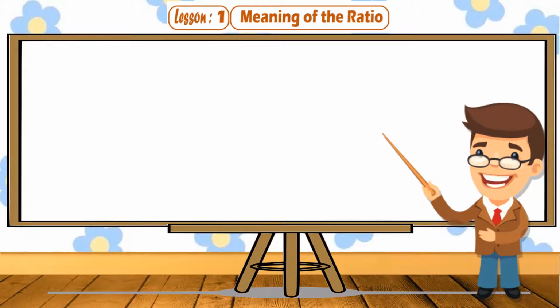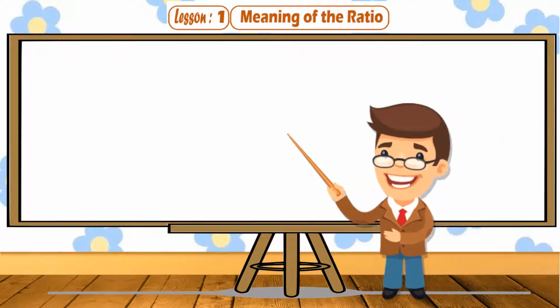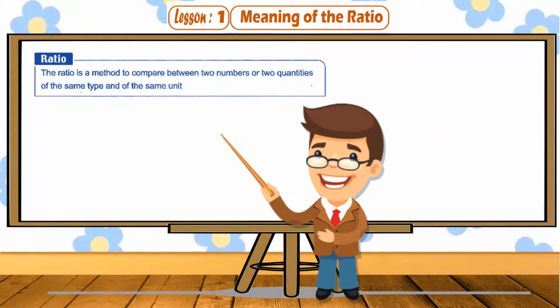Let's learn what is the meaning of ratio. The ratio is a method to compare between two numbers or two quantities of the same type and the same unit. Underline the same type and the same unit.